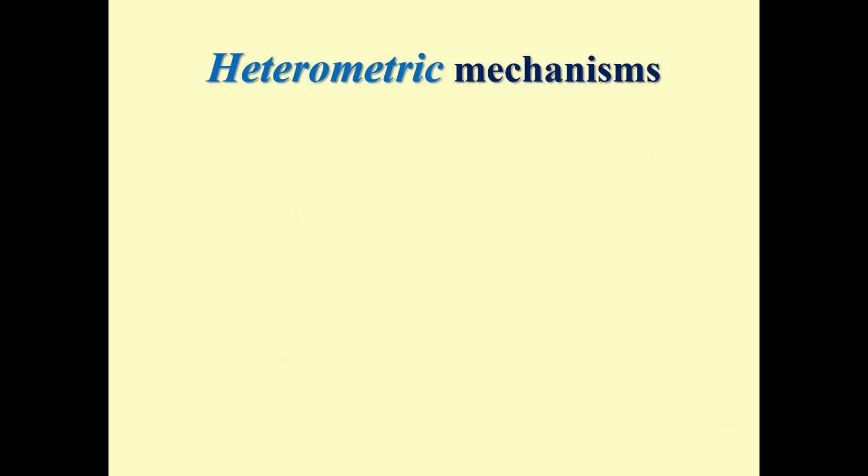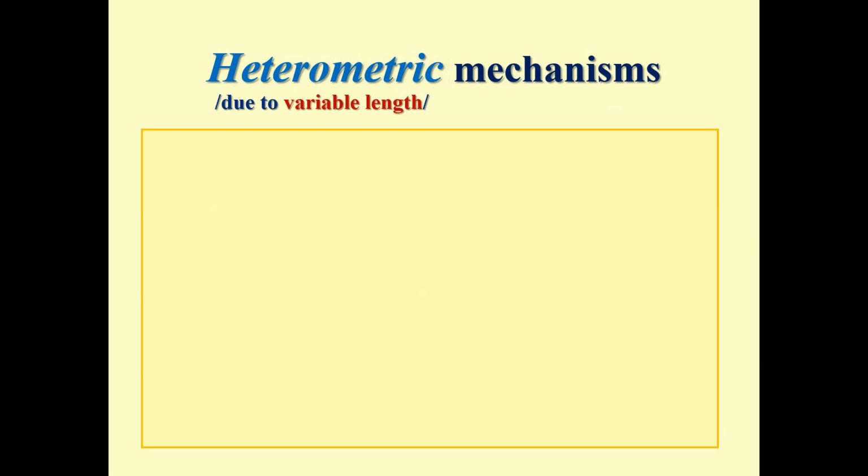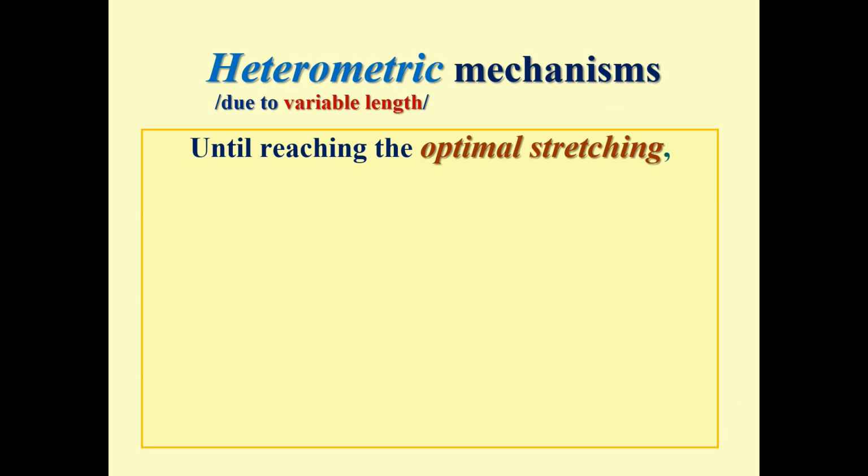First, heterometric. Again, heterometric, different lengths, where changing in length produces changes in the force of the contraction of the heart. And generally, with stretching, the heart produces the stronger contraction further.